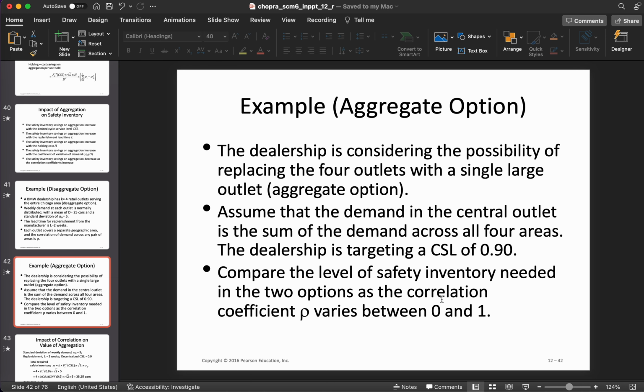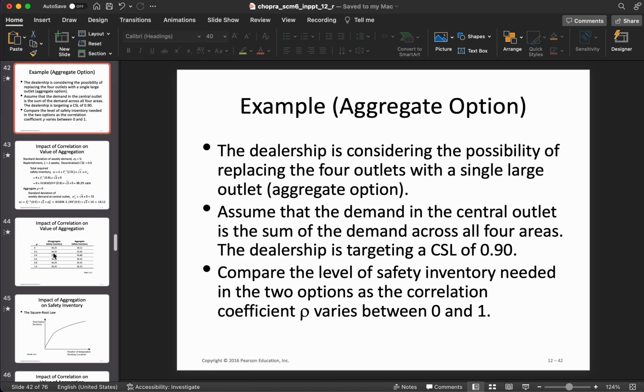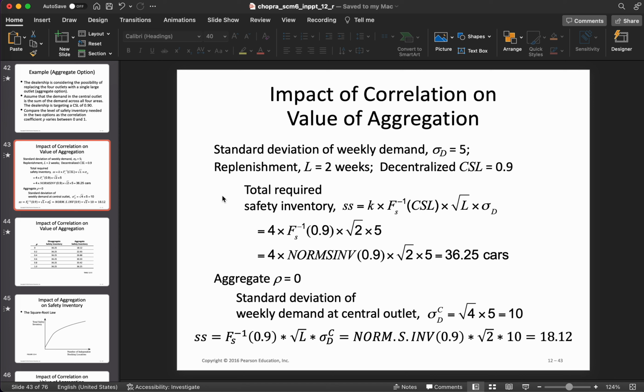So with this data, let's evaluate the two options and see what we get. In the case where we are keeping them separate, the weekly standard deviation of demand is 5, replenishment lead time is 2 weeks, and cycle service level is 0.9. We can calculate safety inventory for each region separately. For each region, it will be the norm inverse of the cycle service level times the square root of L times sigma d.